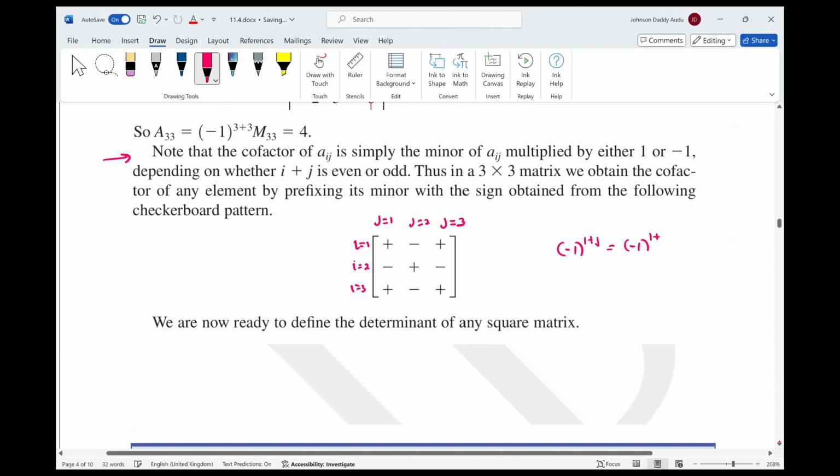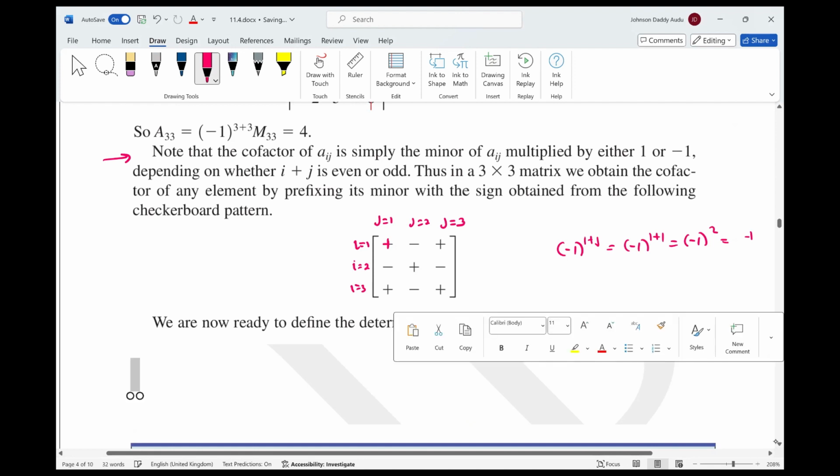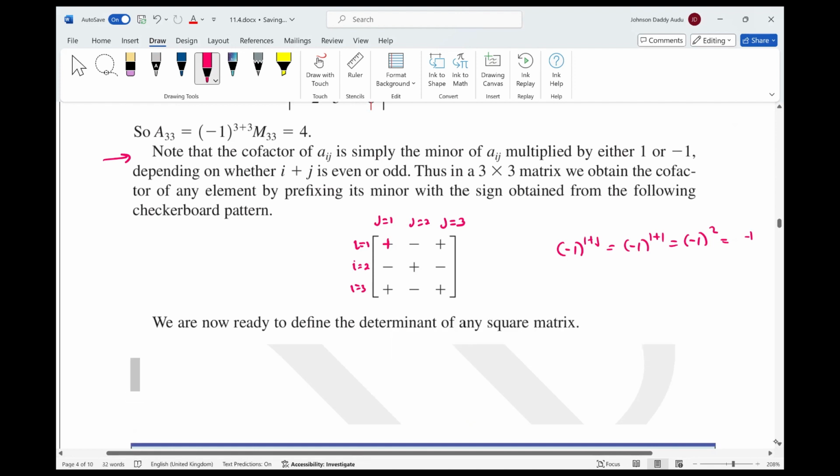So in this position, if you have minus 1 to the power i plus j, it's going to be minus 1 to the power 1 plus 1, which is minus 1 to the power 2, which is going to be positive. So the element in this position is always going to get a positive sign. This one is going to be negative in terms of position, not the element itself. Why is it negative? Because i is 1, j is 2.